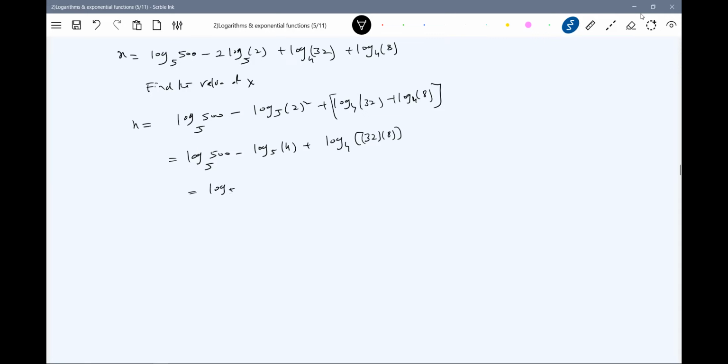This will become log 125 to the base 5, using log A minus log B, plus log 256 to the base 4. Now 256 I can write as 4 to the power of 4, and 125 I'll write as 5 cube.